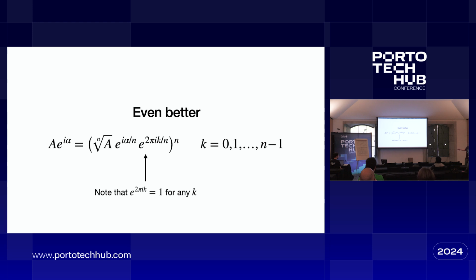And this bit where I have 2 pi I k over n, that's just going to be e to the power of 2 pi I k. Now e to the power of 2 pi times some integer, I integer, is just 1. So this term just drops out. This term is just 1 once I multiply this out. And what I get back is just a complex number in magnitude times alpha.